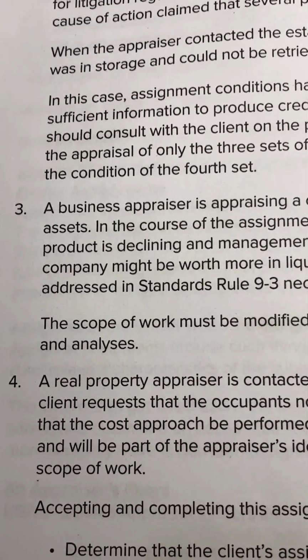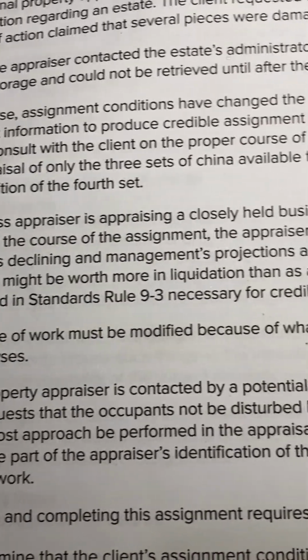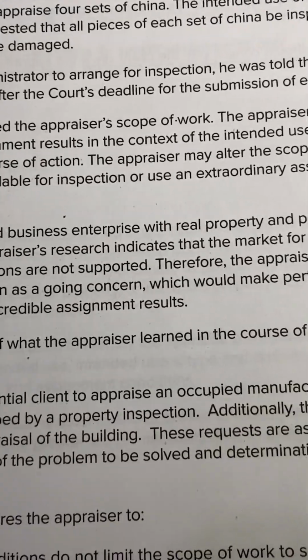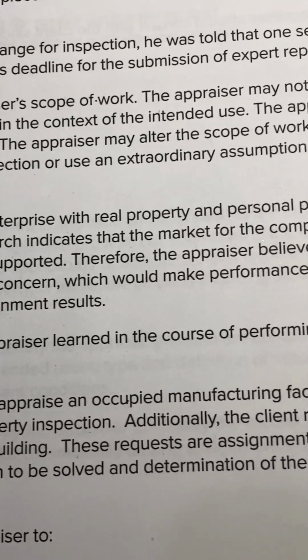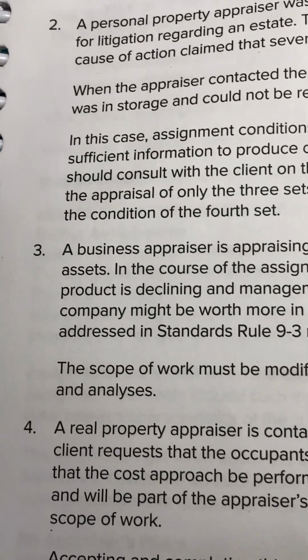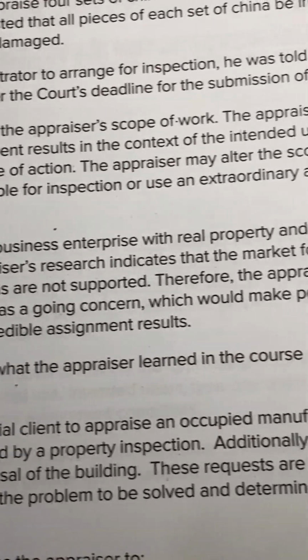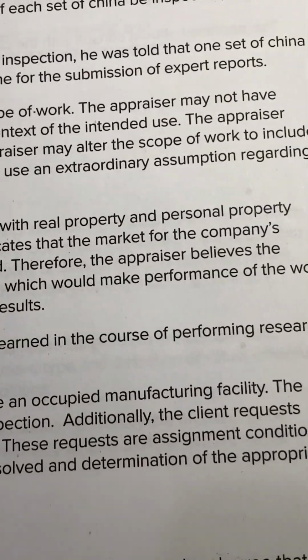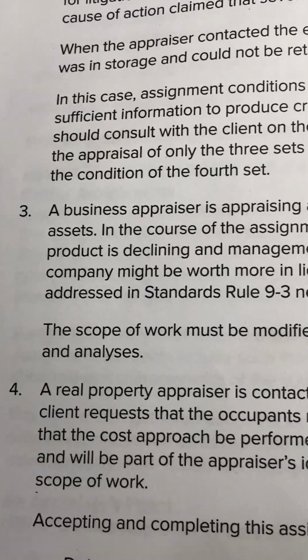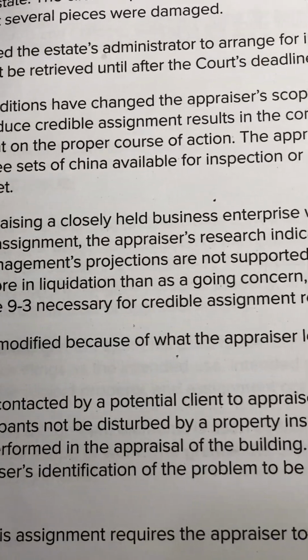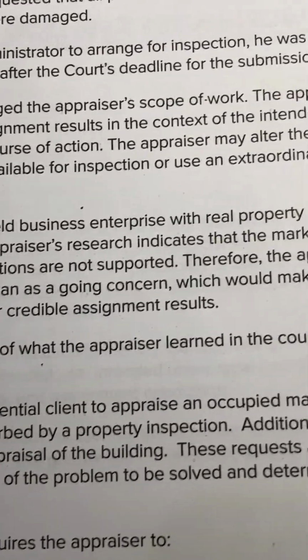Number 3, a business appraiser is appraising a closely held business enterprise with real property and personal property assets. In the course of the assignment, the appraiser's research indicates that the market for the company's product is declining and management's projections are not supported.